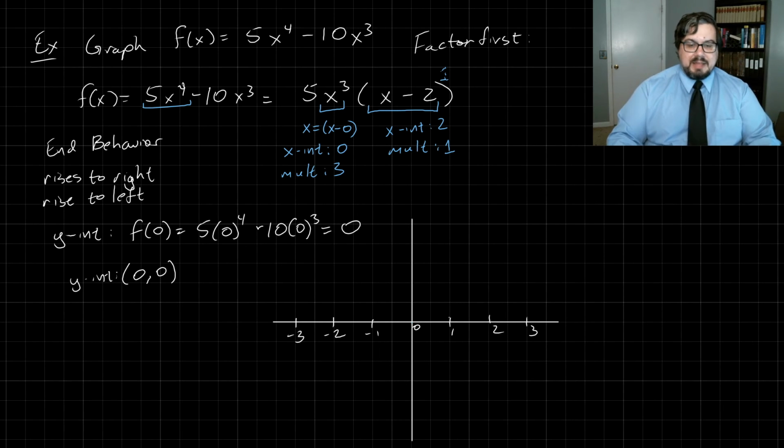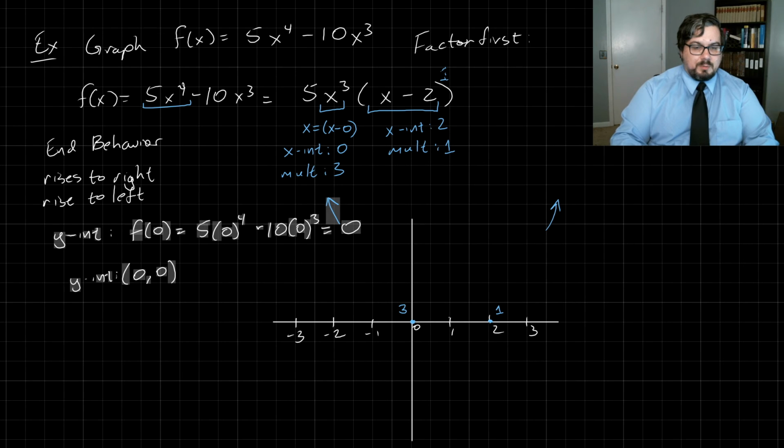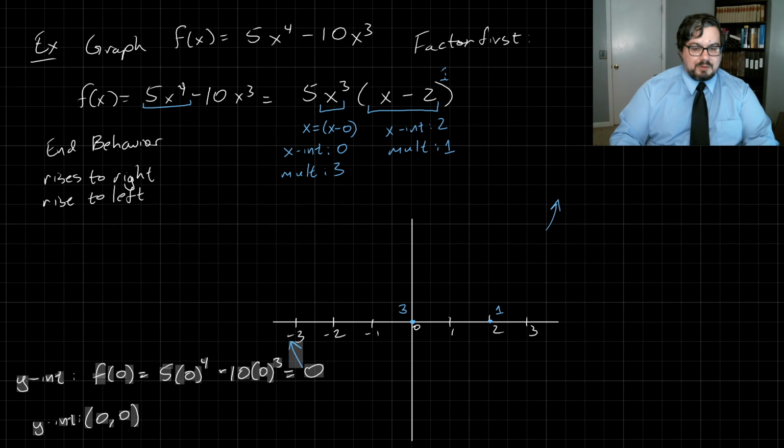So we have an x-intercept at 0 with multiplicity 3, and an x-intercept at 2 with multiplicity 1. And we know that our end behavior is that we rise to the left and we rise to the right. Let me go ahead and move this y-intercept computation out of our way.